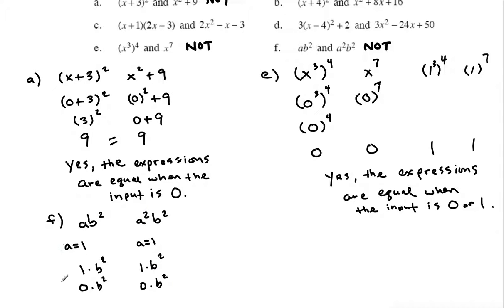They'd be the same if a was 0 or 1. So yes, the expressions are equal if a equals 1, or 0, sorry, jumping ahead here, or a equals 0.